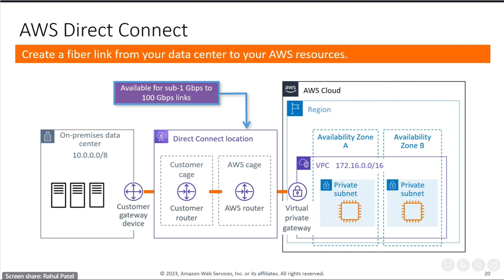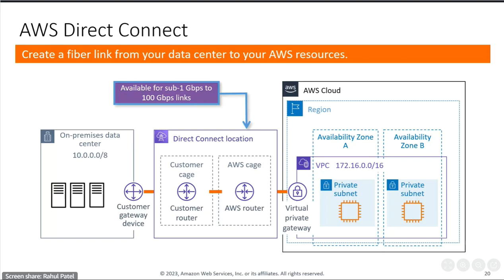According to your nearest Direct Connect location, a dedicated fiber link is installed and connected to the router on your on-premises network. The other end of the cable is connected to the Direct Connect location's router. In this way, your AWS cloud is connected to your on-premises network.